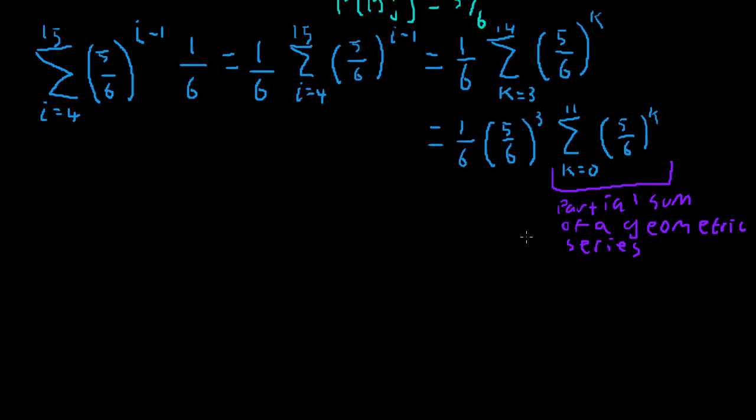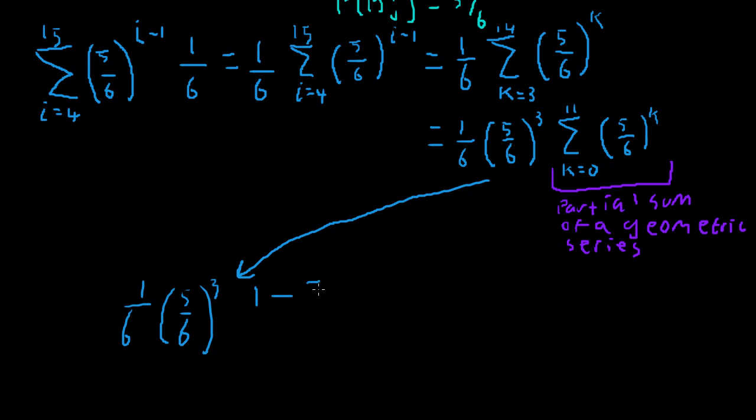So now we have 1/6 times 5/6 cubed times this sum of a geometric series. You can look this up on Wikipedia if you're not sure and you want to refresh yourself on the definition. We're summing from 0 to 11, so that is 1 minus 5/6 to the 12th divided by 1 minus 5/6, which is equal to 1/6.